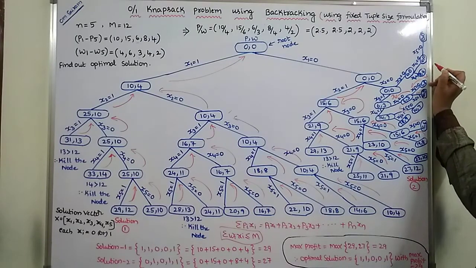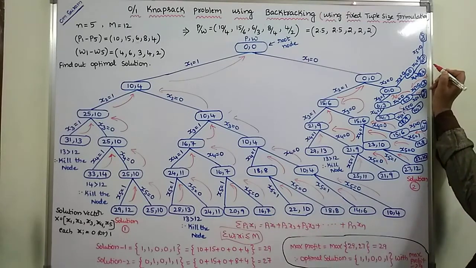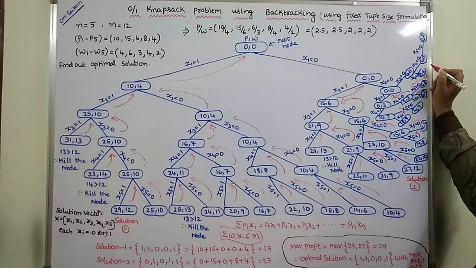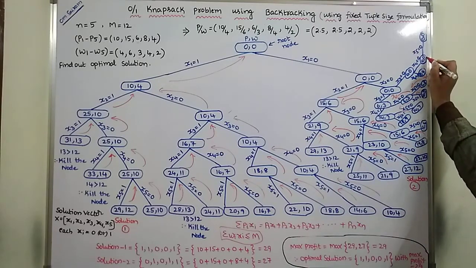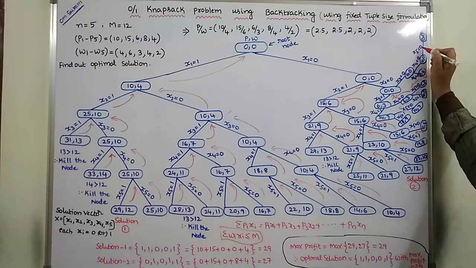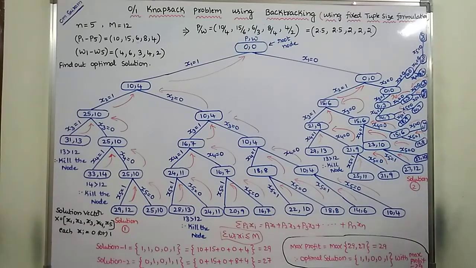So left hand side 4 comma 2 is there, but 2 is less than or equal to 12, condition true, we have to extend that node, but there is no possibility because all objects are completed. So again we have to backtrack to this node. So right hand side, x suffix 5 is equal to 0. We are not considering any object, so there is no change in p comma w value, that is 0 comma 0 we are getting.